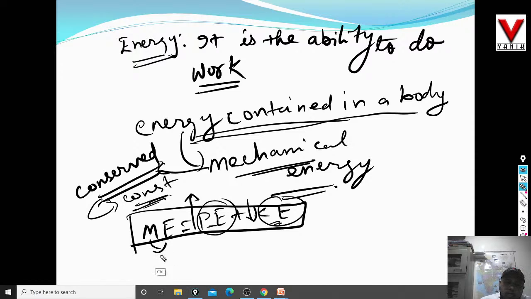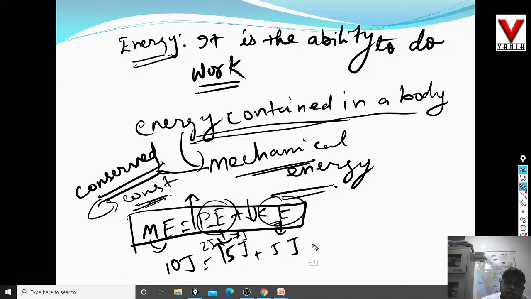Say my total mechanical energy is 10 joules, out of which potential energy is 5 joules and kinetic energy is 5 joules. If I increase my potential energy by 2 joules, the new potential energy will be 7 joules.